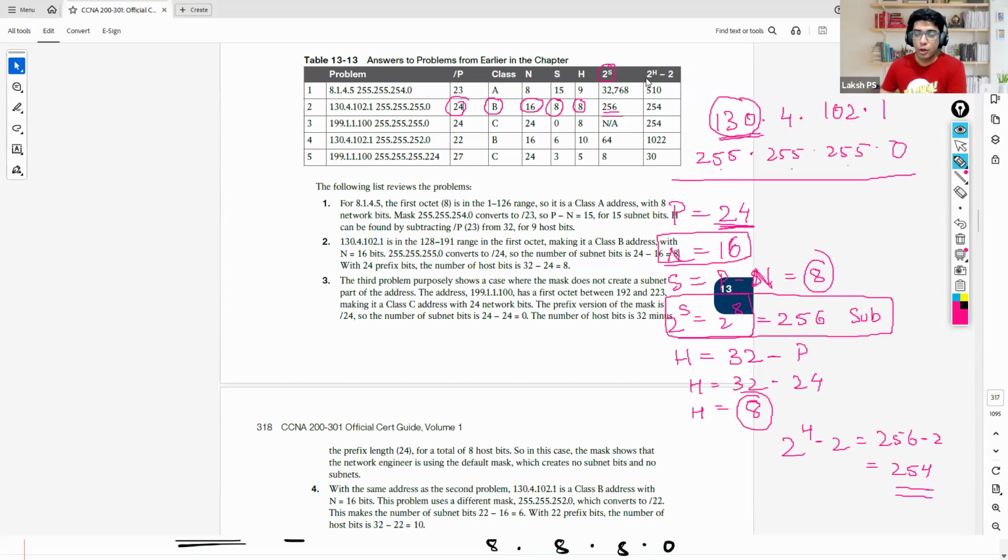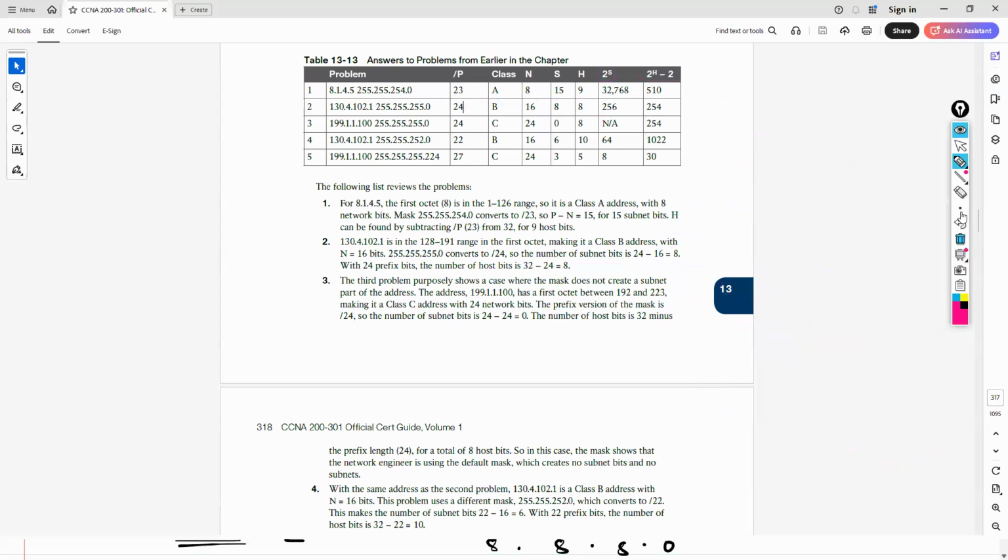Then how many hosts can you have per subnet? 2 power h minus 2, that is 254, which we also calculated correctly. So this is how you calculate the number of subnets and the number of hosts per subnet here. Okay, any question understanding this part?